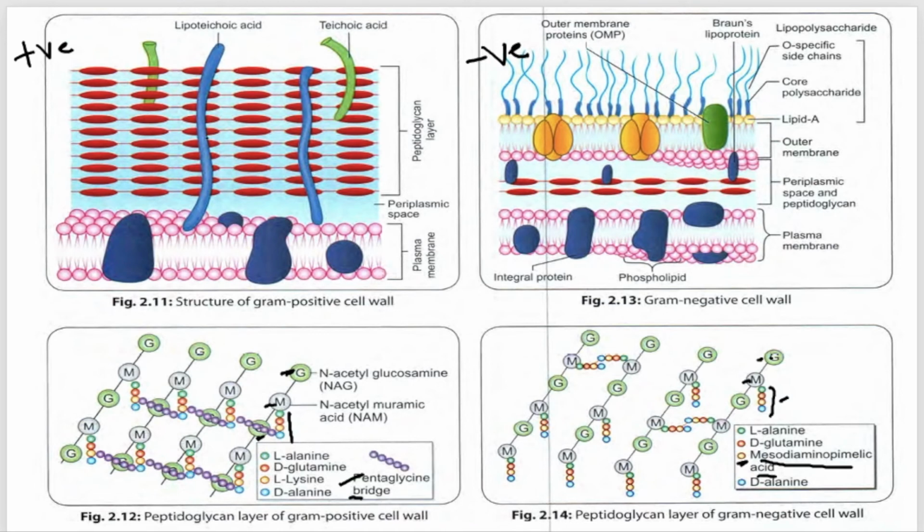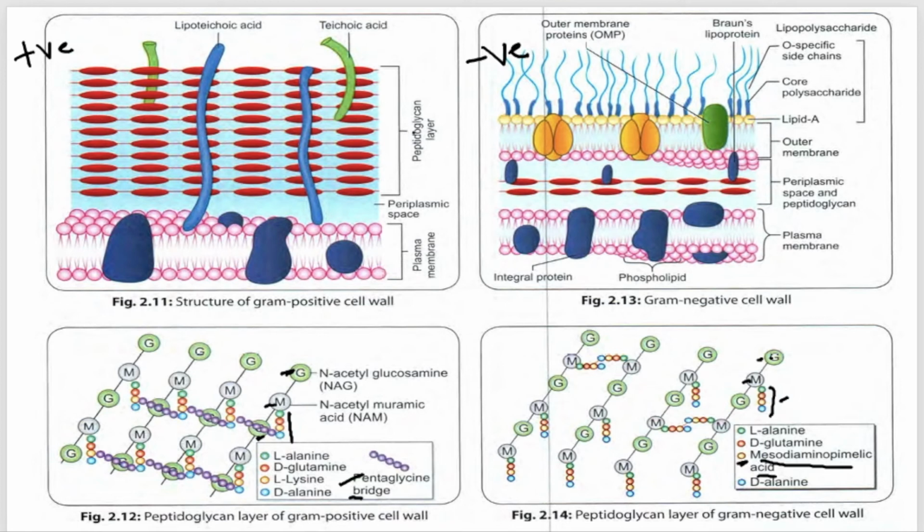The lipoteichoic acid traverses the entire peptidoglycan layer, while the teichoic acid is just buried in the peptidoglycan layer.